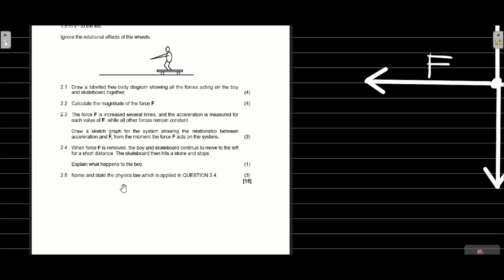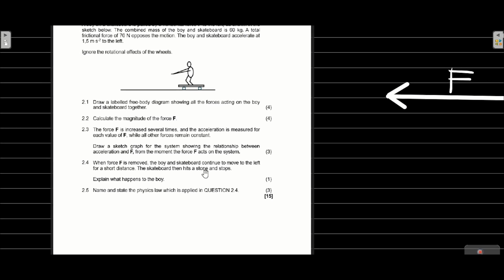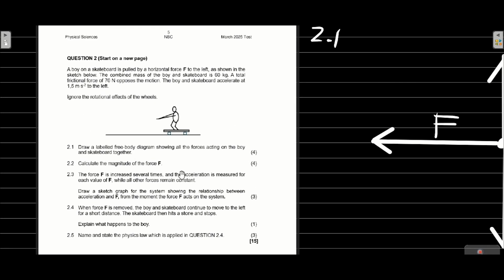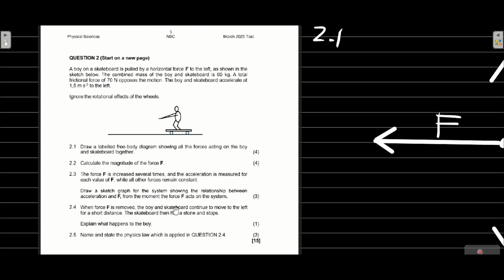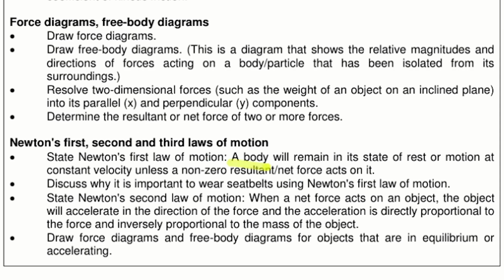So the answer to 2.5, if we go check Newton's laws from the exam guidelines, states that a body will remain in its state of rest or in motion at constant velocity unless a non-zero resultant force acts on it.